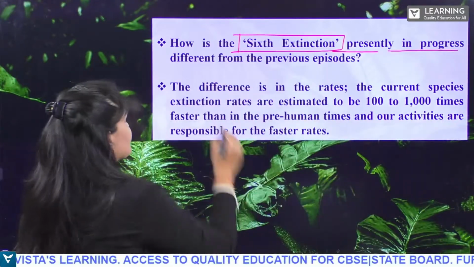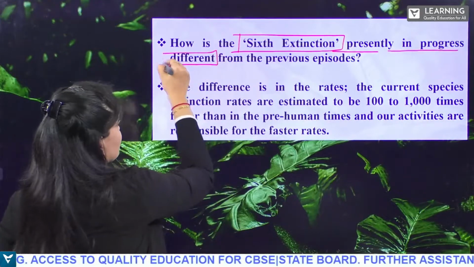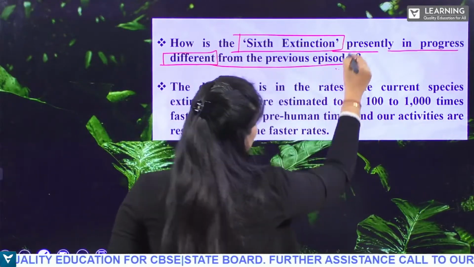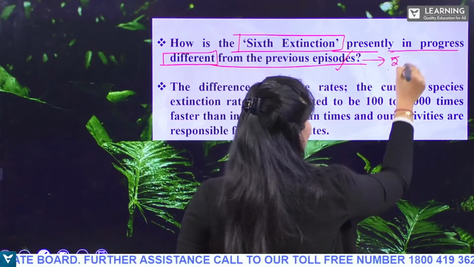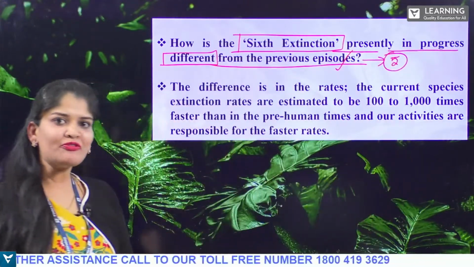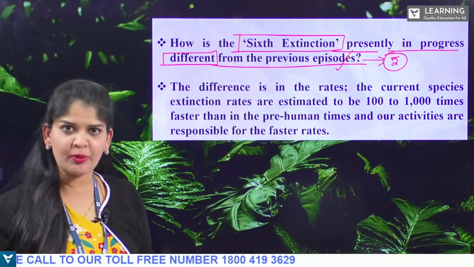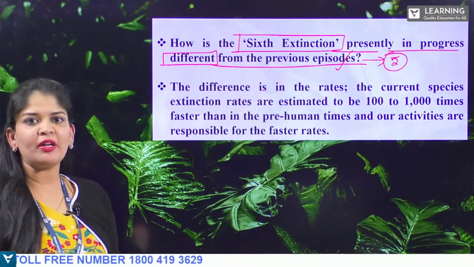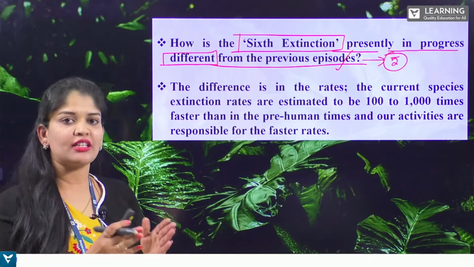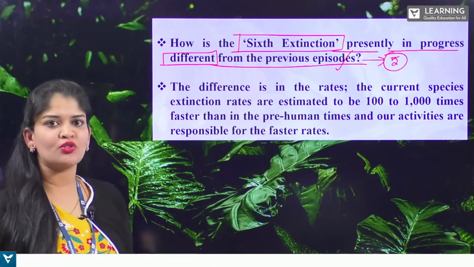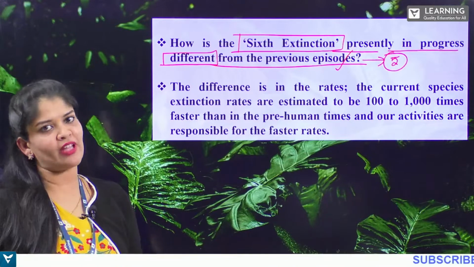The one presently in progress differs from the previous 5 episodes in terms of speed. The speed is very, very high compared to the pace at which the extinctions happened during the 5 episodes.